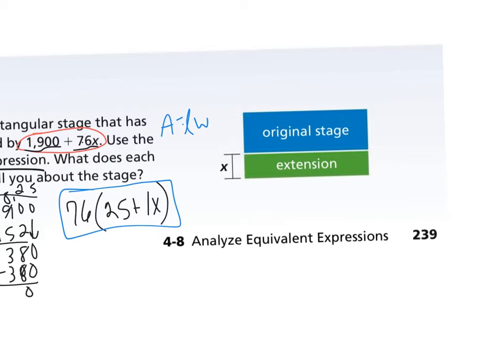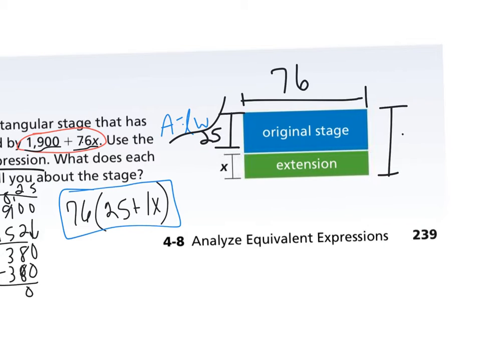So it must be that this would be 25. And then our length would be 76. So if you think about this, the 76 times this all together would be 25 plus 1x, or just 25 plus x. Again, multiplying length times width to get that area.